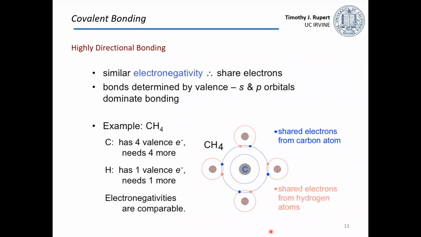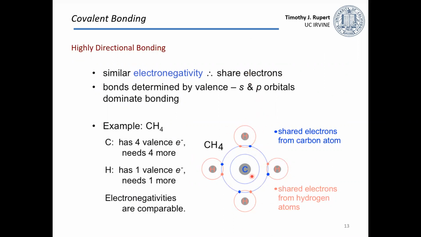So covalent bonding also happens when materials don't have enough electrons in that outer shell. But this one is a little bit different. So instead of one of the atoms giving up electrons to the other, when you have covalent bonding, you actually have sharing of electrons, all right? This is a good example for CH4.